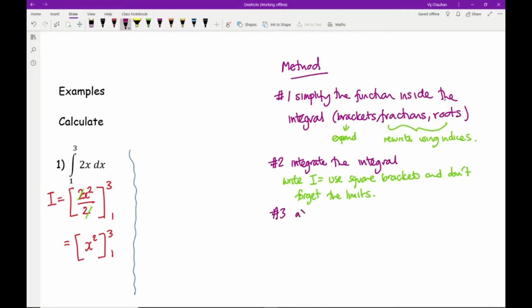So 3a is sub x equals the upper limit, and then b is sub in x equals the lower limit, and then step 4 is subtract b from a.